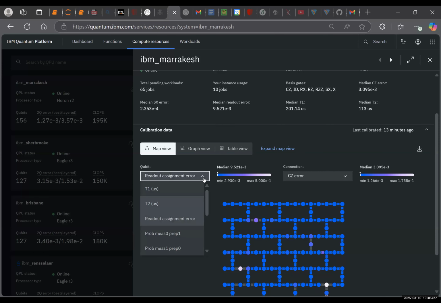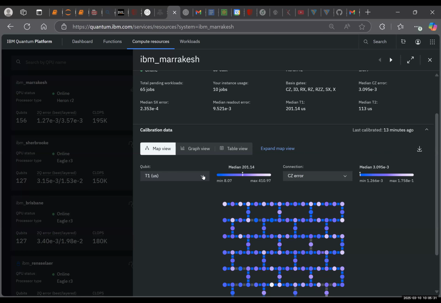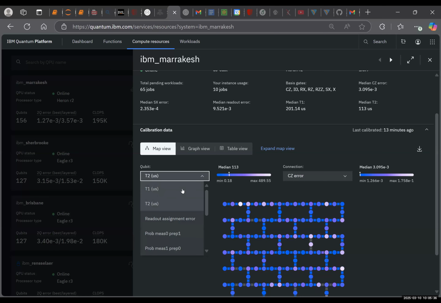There's one thing that they did not list here. Okay, they also list the decoherence rates, relaxation and decoherence, T1 and T2. So for example, for this machine, the maximum T1 is 400. I think maybe the unit would be microsecond or nanosecond.